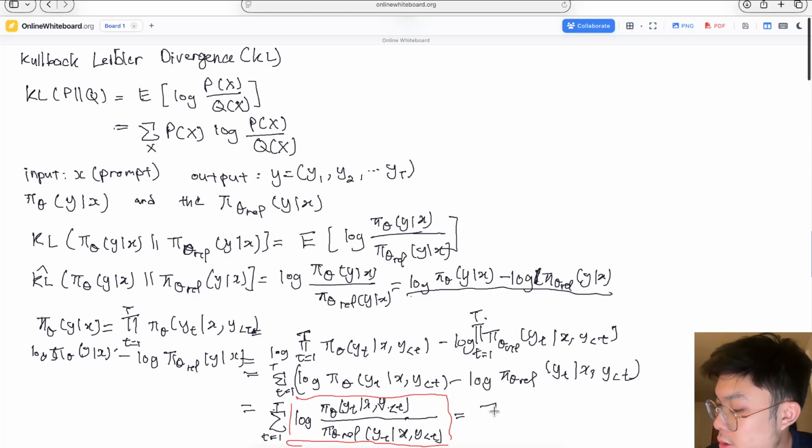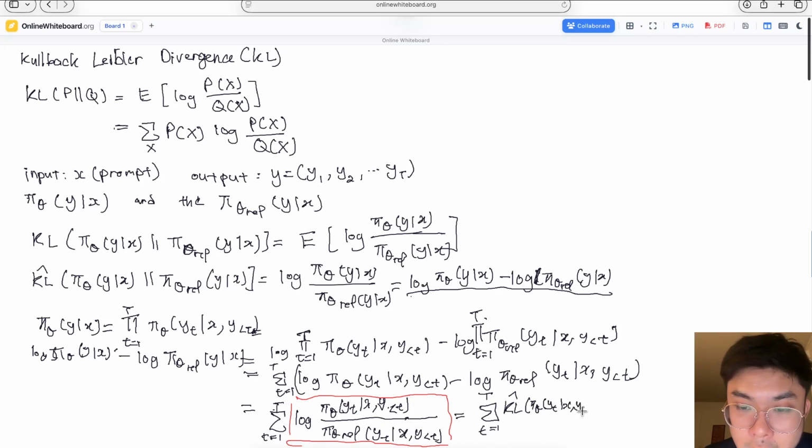So this will be the sum of the KL of every single token. You can see that the KL across the whole sequence would be the same as the sum of the KL of the individual tokens.